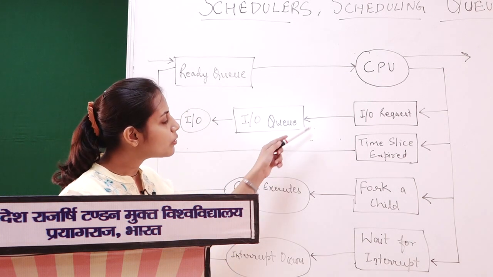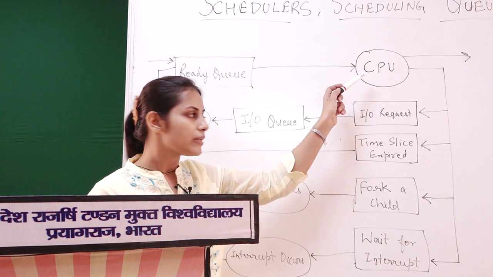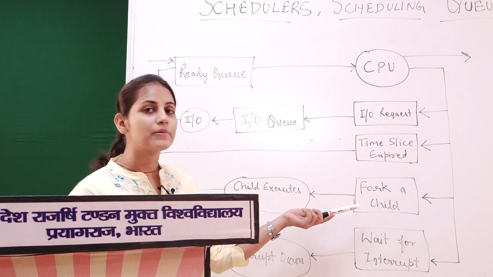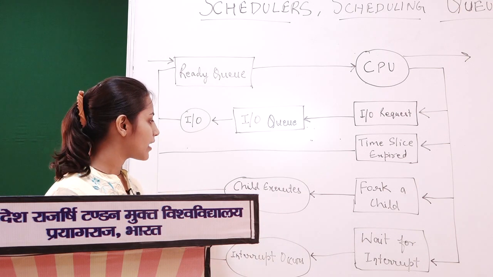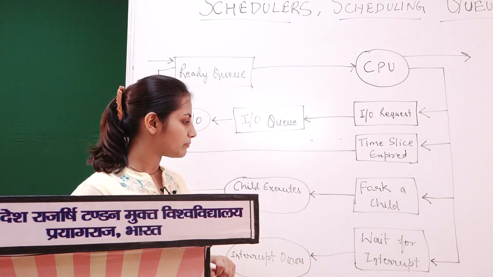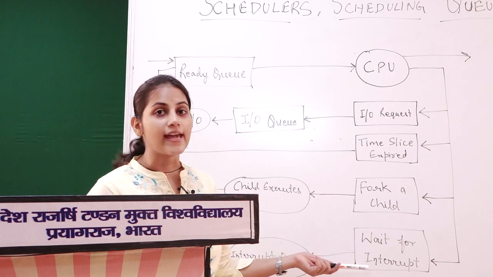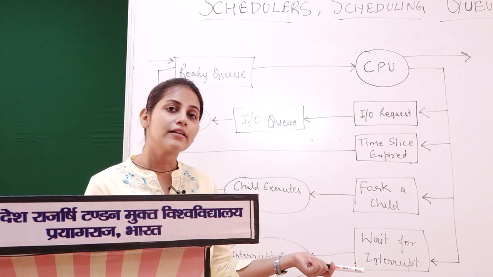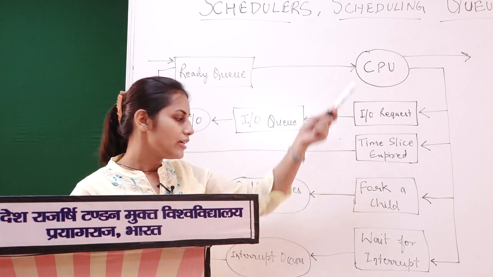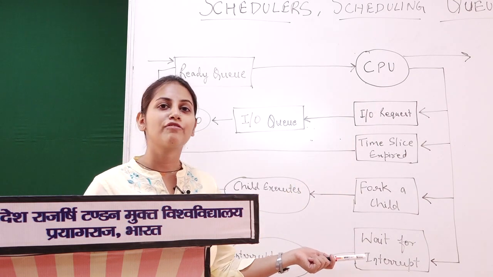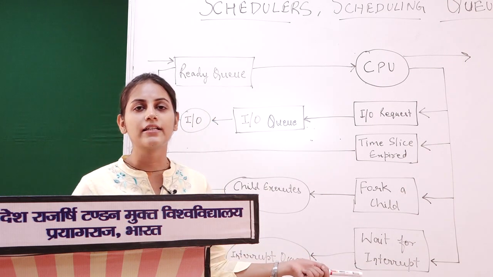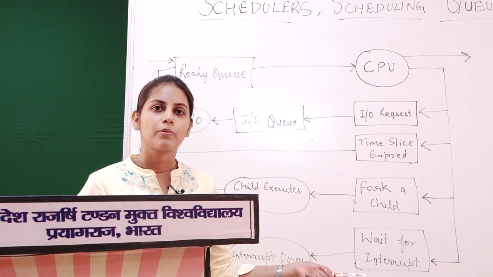In that case also, the process is deallocated from the CPU and kept in a ready queue. Until the child executes, the process keeps waiting. And in the fourth case, an interrupt, which is an external event, happens and the CPU gives higher priority to processing the interrupt, and therefore the process is kept again in the ready queue until the interrupt is processed.